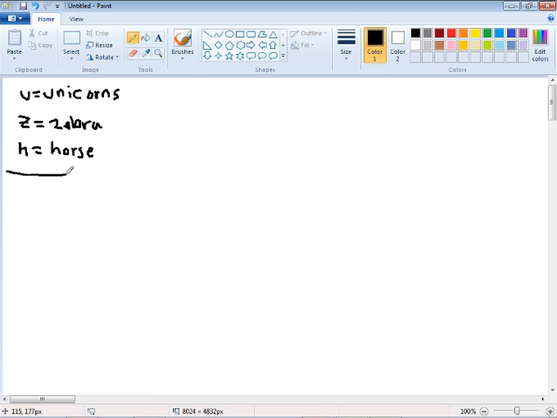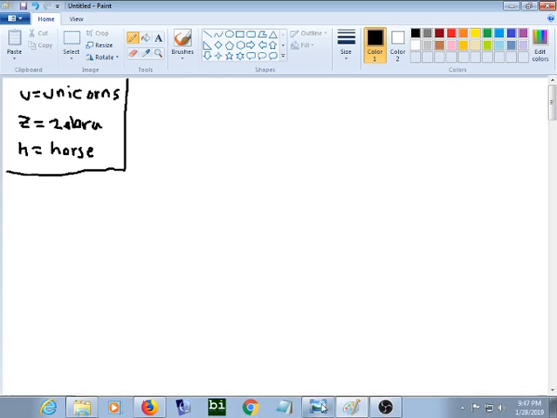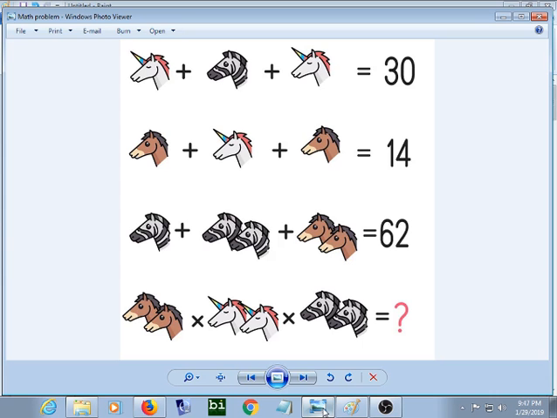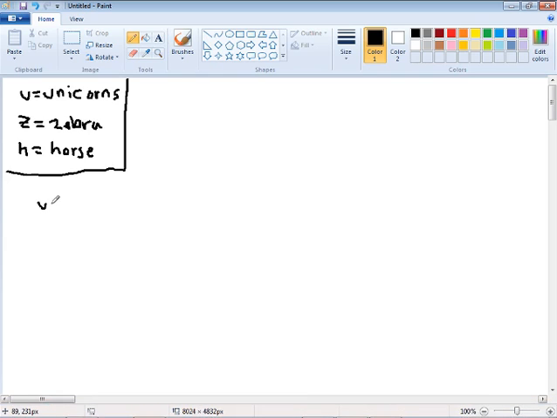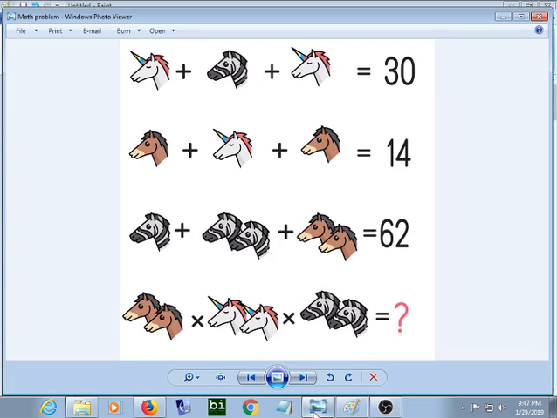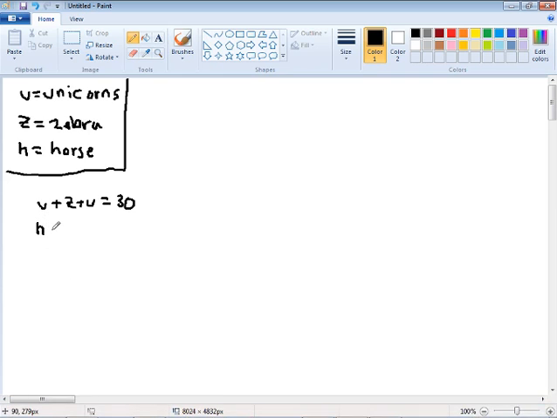Now that I know what my variables are going to be, I'm going to rewrite my equations one at a time using these variables. The first one was unicorn plus zebra plus unicorn, so it's U plus Z plus U is equal to 30. The next one was horse plus unicorn plus horse is equal to 14.